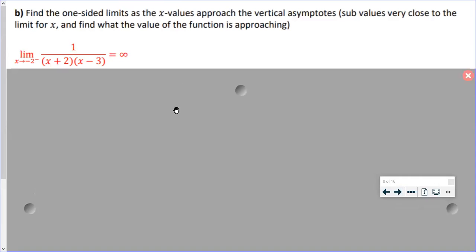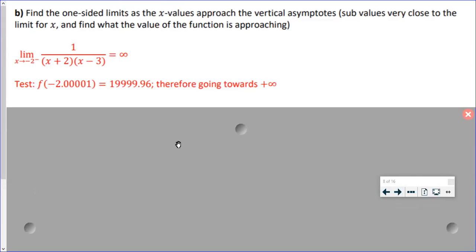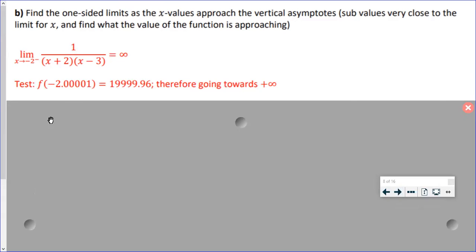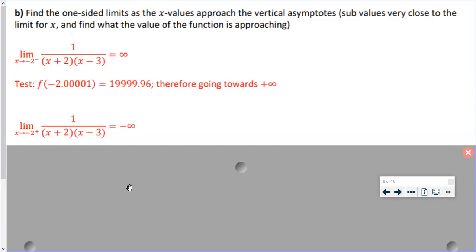Remember, you're not going to be expected to do this on the test, but if we use a test value close to -2, approaching -2 from the left, I would see that the graph moves towards positive infinity. If I'm approaching -2 from the right, the graph is moving towards negative infinity.